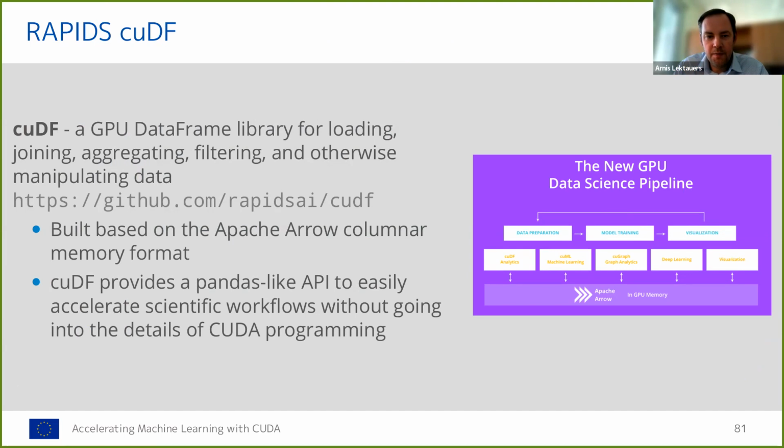I would also like to mention that cuDF is similar in practical work to the Pandas Python library. So if we have previously worked with data frames using classical Python libraries, then the API here is very similar.